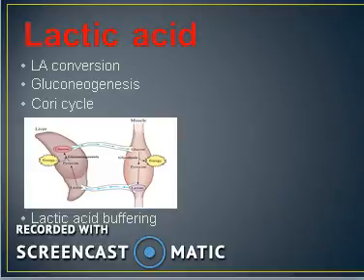Lactic acid still needs to be removed from the body, and the removal of lactic acid relies on the buffering capacity of the body, which weakens the effect of lactic acid. This is where hydrogen carbonates are found in the blood and produced by the kidneys.